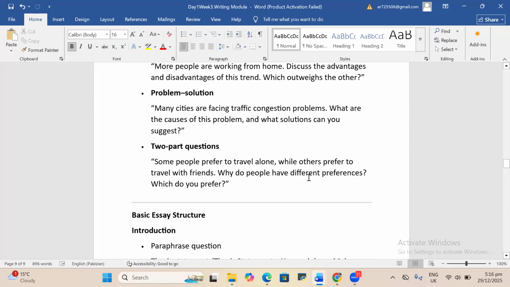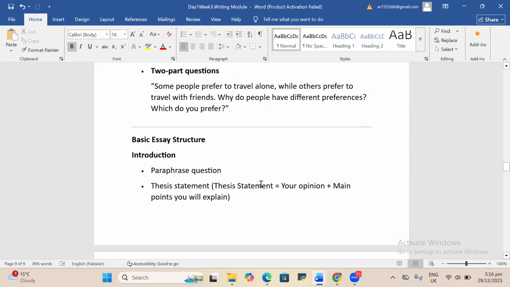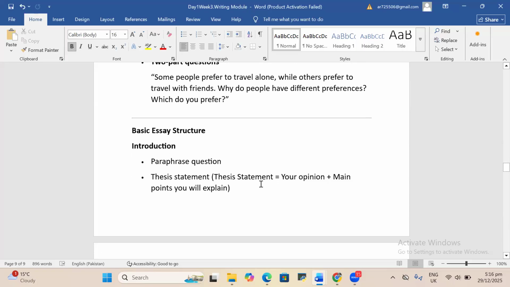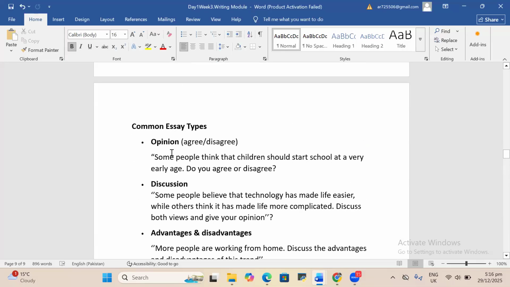Why do people have different preferences and which do you prefer? So these are the types of writing task 2 and how you can tackle these questions one by one. First I will just describe here, then I will further explain more about it.